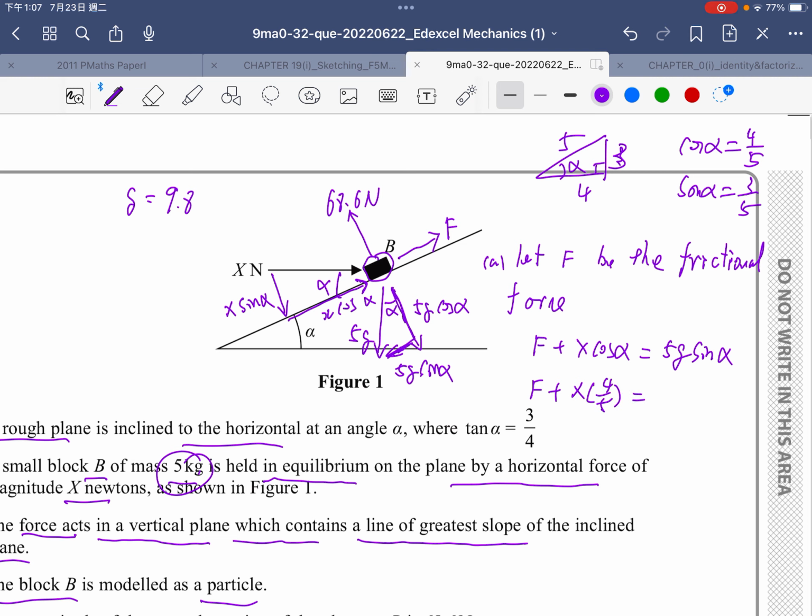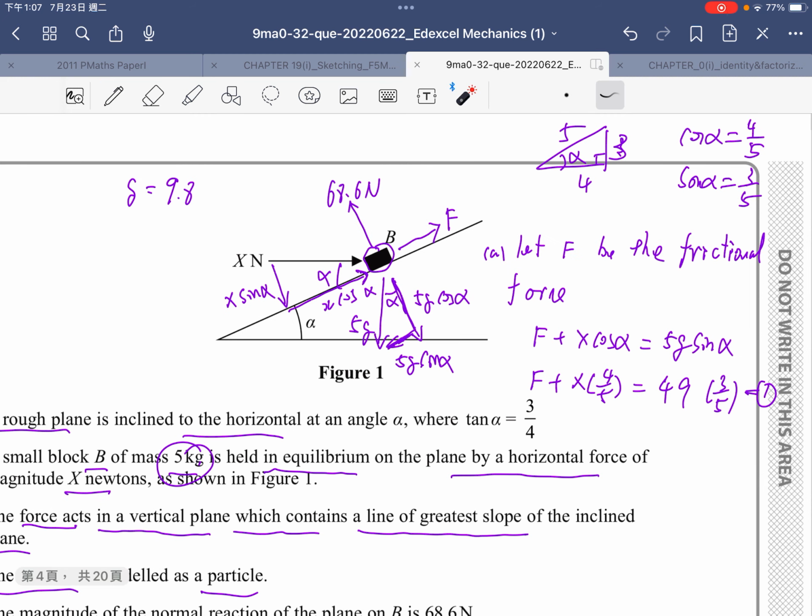Cosine alpha is equal to 4 over 5 and sine alpha is equal to 3 over 5, and g is equal to 9.8, and then this one is equal to 49. I set this as equation 1.